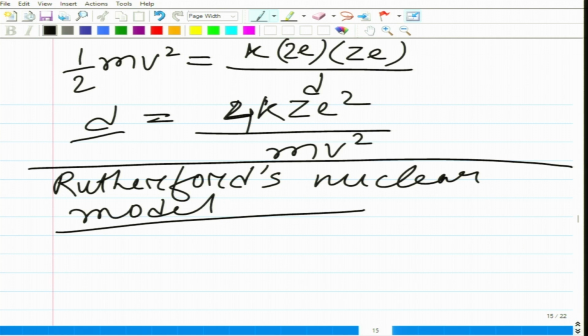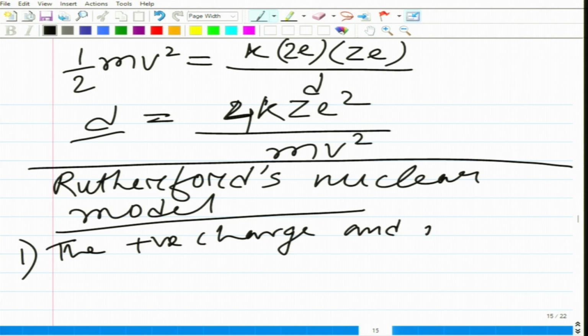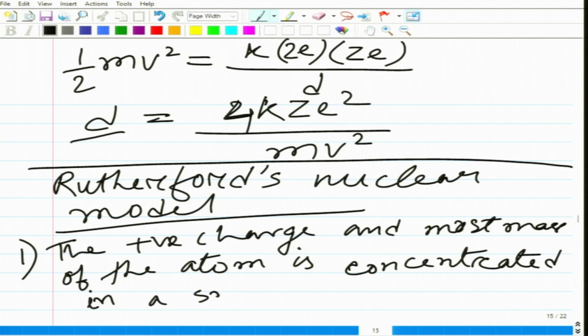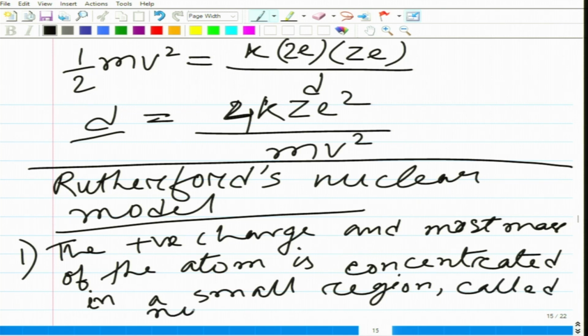So, the first statement was the positive charge and most mass of the atom is concentrated in a small region called nucleus.